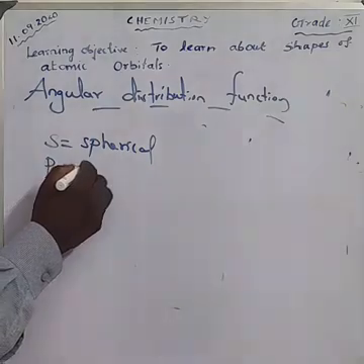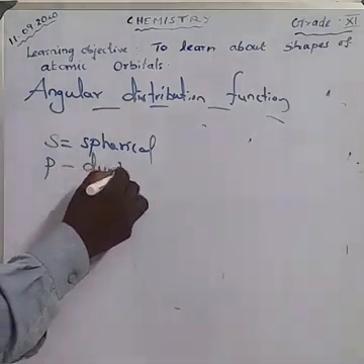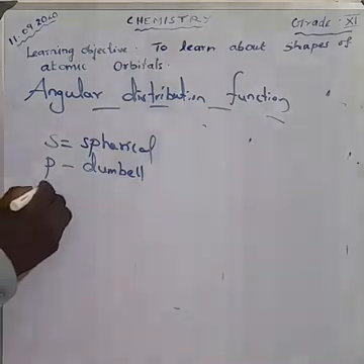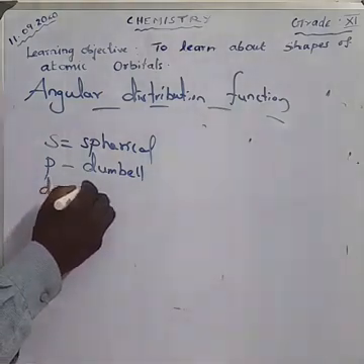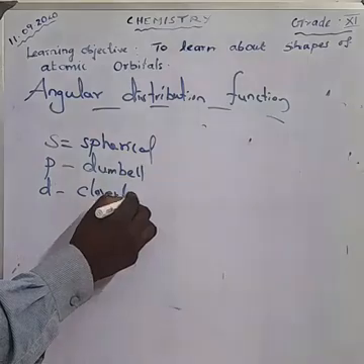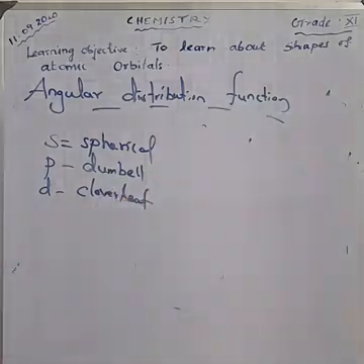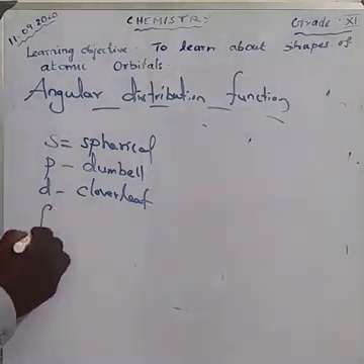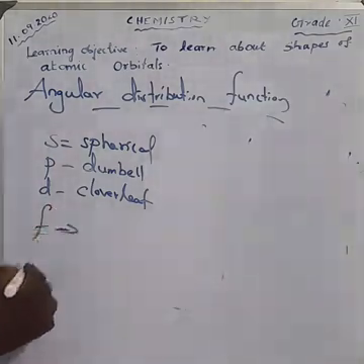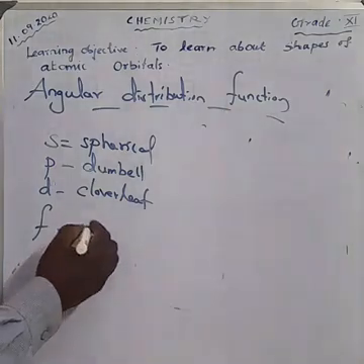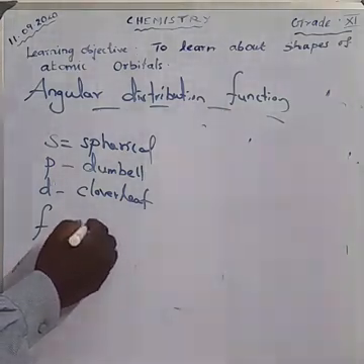For the p orbital, dumbbell shape, and for the d orbital we say clover leaf shape. Also the f orbital has 15 protons to complete the fifth level of a tetrahedral structure.